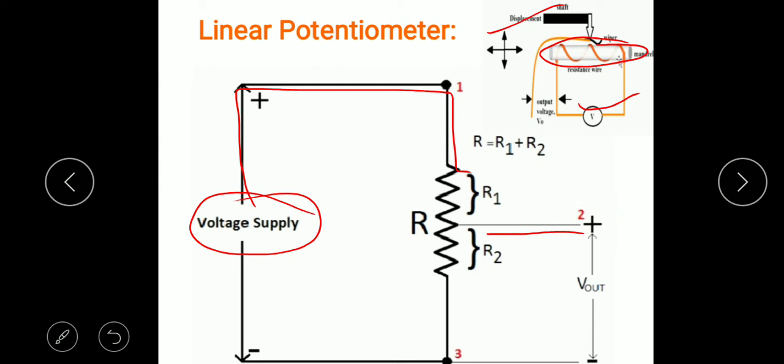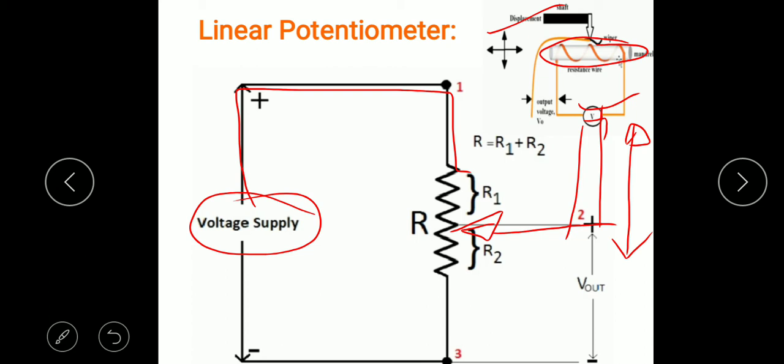Now this horizontal line consider as a wiper. This is the circuit diagram, that's why we will not show it by some other symbol, just by the line we will consider that one as the wiper. Okay, so this is the wiper portion at the 2 point. Now this wiper is connected with the shaft, and that shaft will do the displacement.